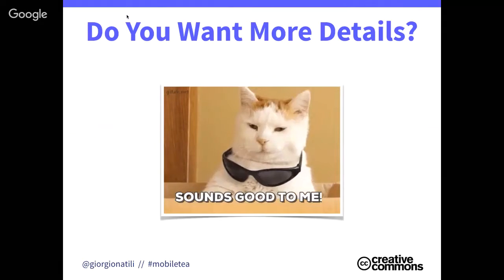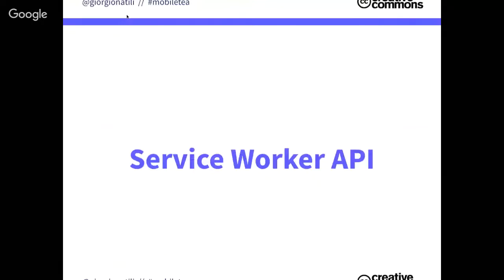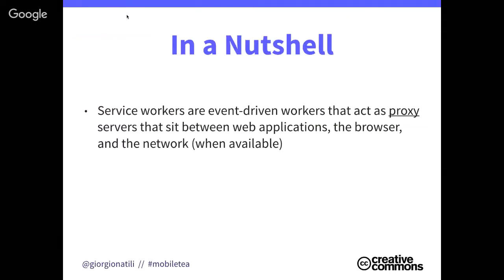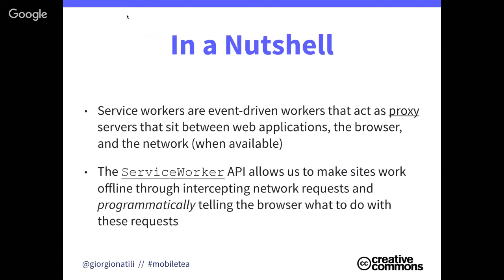You want more details? Cool. Let's talk about the service worker API. It's a worker that acts like a proxy, so you can catch every request on the network and react accordingly to it.